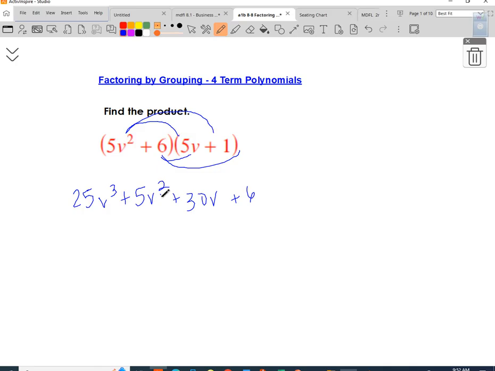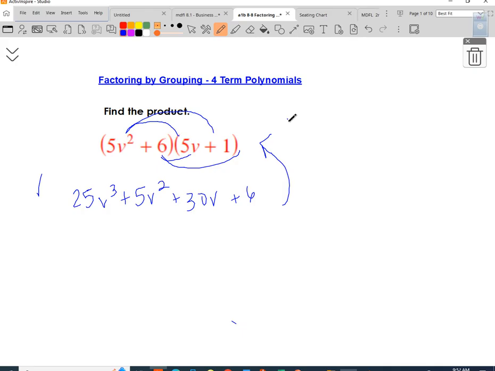So far, so good? Alright, so this is not what we're doing today. Today, they're going to give us the product, and we have to give them the factors for the multiplication problem. Make sense? Okay. Sometimes when we multiply a binomial times a binomial, we get a trinomial, because we can combine those middle terms, right?